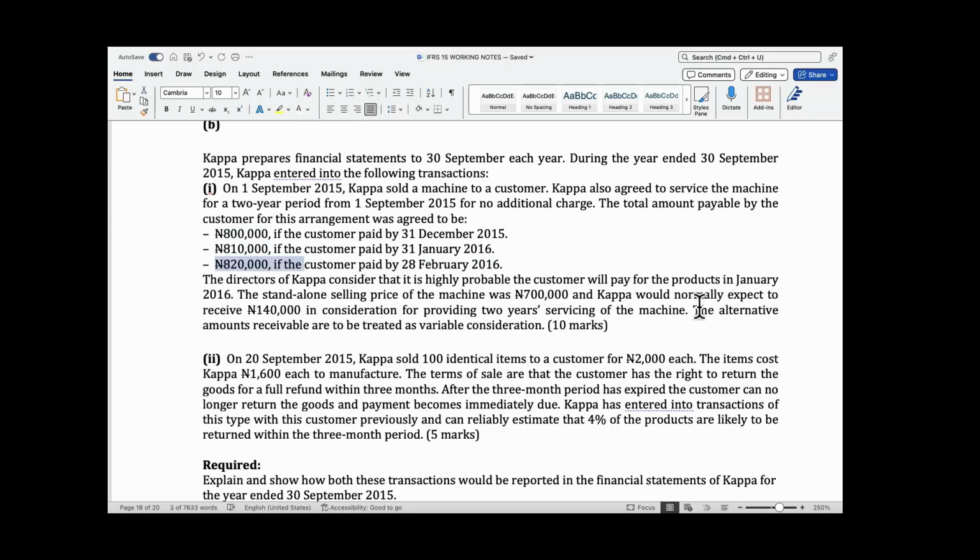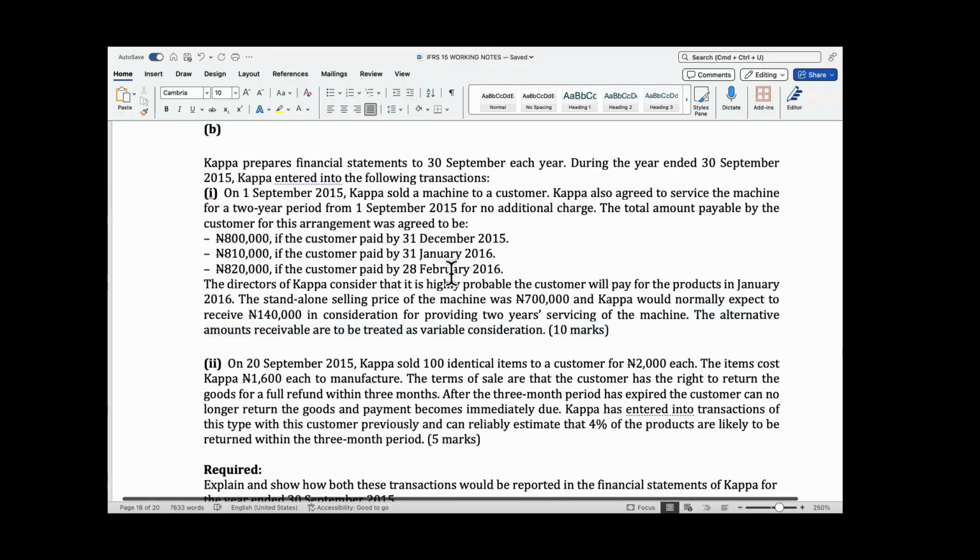And in the last paragraph, they said the alternative amount receivable is variable consideration. It is okay. So it's still revenue, it's variable, because the amount is varying as a result of delay. We're now told that Kappa considers it highly probable that the customer will pay on 31st of January. Since the question has told us that the customer is paying on 31st of January, that means this is the money we will receive. 810,000 is the consideration expected, and that's what we're going to recognize as revenue in our books.